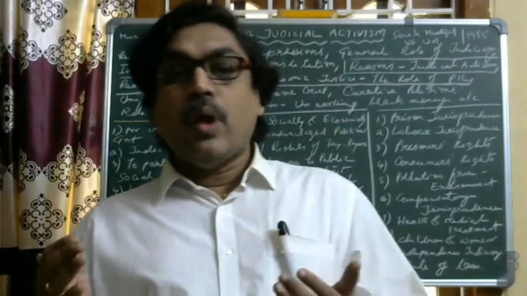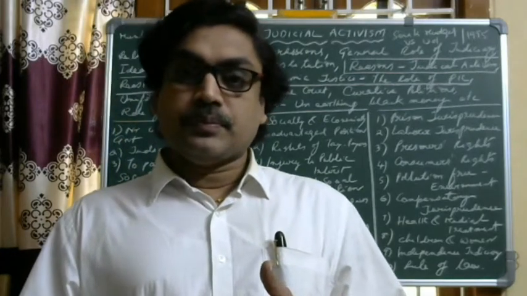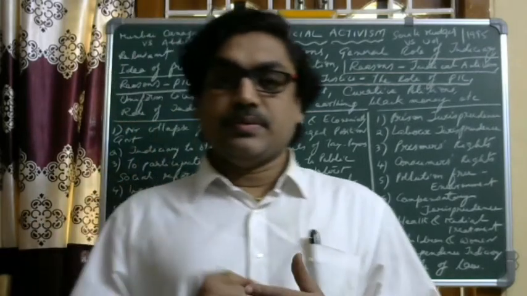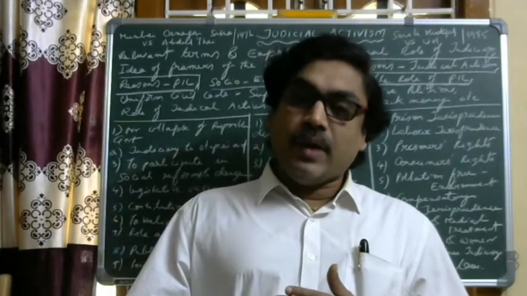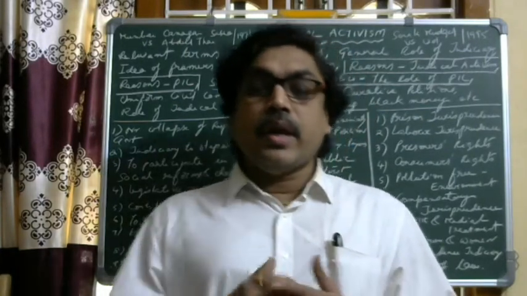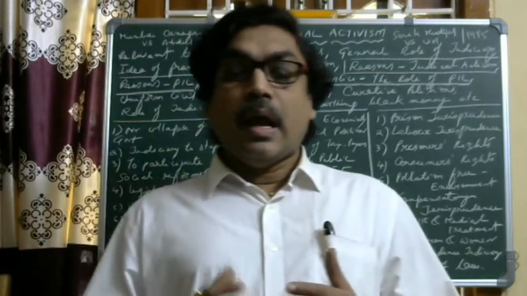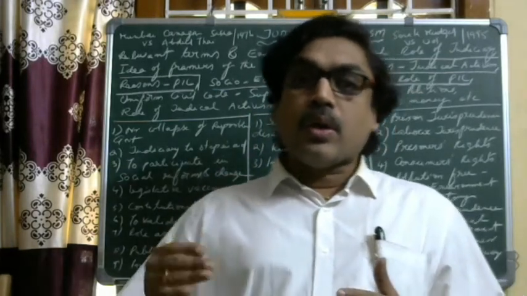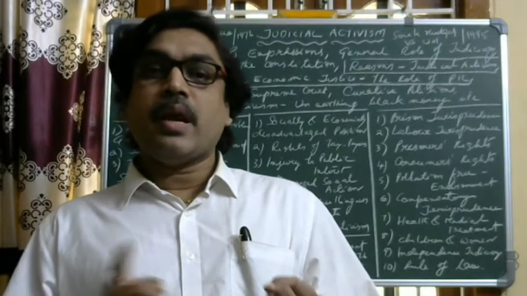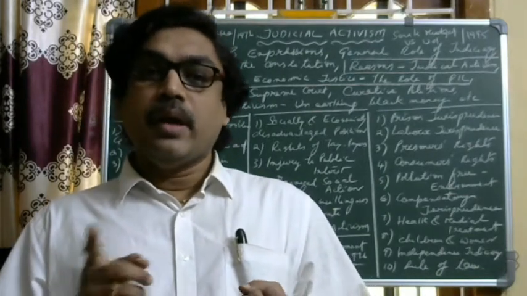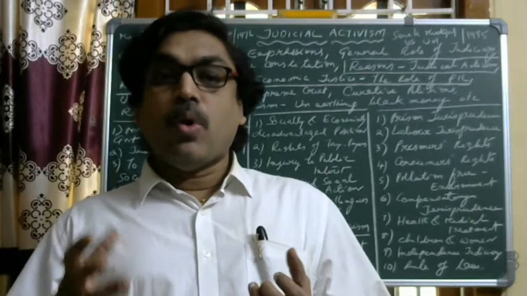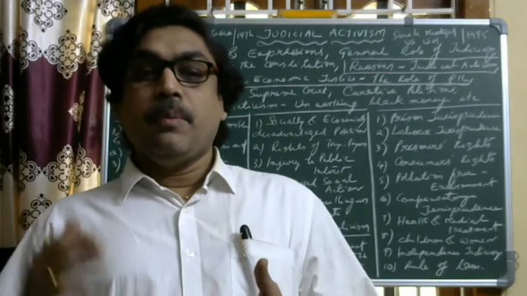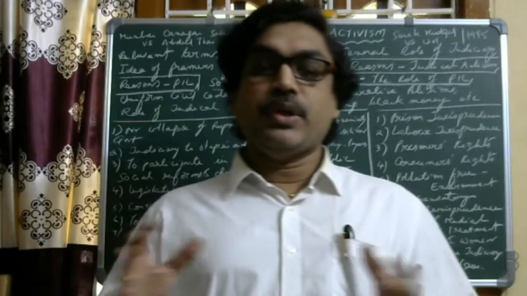uniform civil code and the role of the Supreme Court of India, as well as curative petition and complete justice, as well as the role of judiciary in unearthing the black money, etc., including relevant articles as well as relevant case laws and the model questions from this chapter, as well as previously asked questions from this chapter.